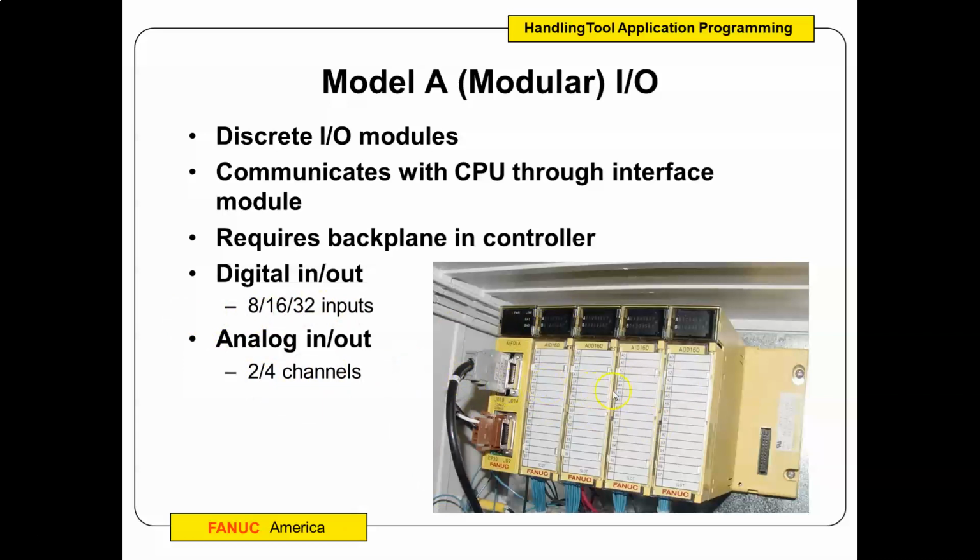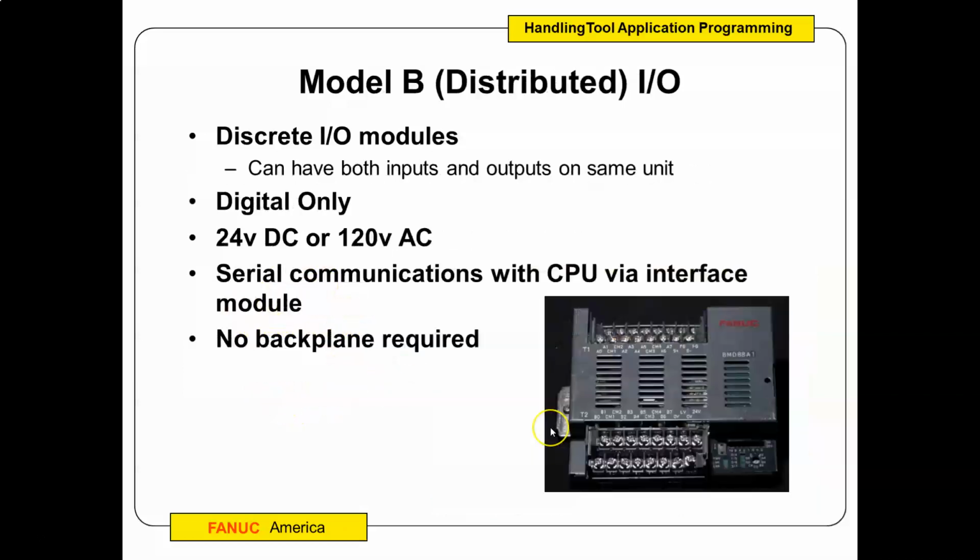So each of these card slots could be digital input/outputs, 8, 16, or 32, or an analog input/output card. The Model B has distributed I/O as an option. This is an I/O box that can be mounted really anywhere. It doesn't even have to be in the same robot controller. It can be mounted anywhere.